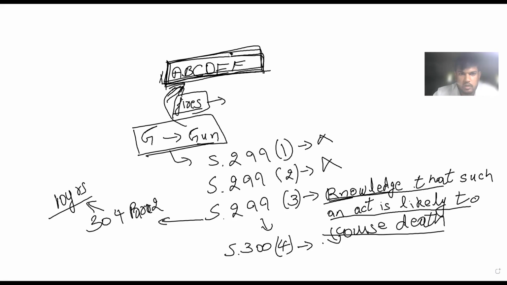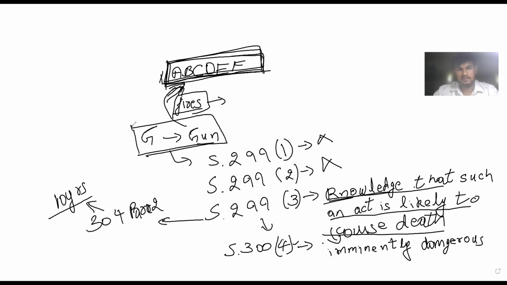Since he was shooting on a crowd, we will say that he had the knowledge that his act is so imminently dangerous, that in all probabilities it will cause death.